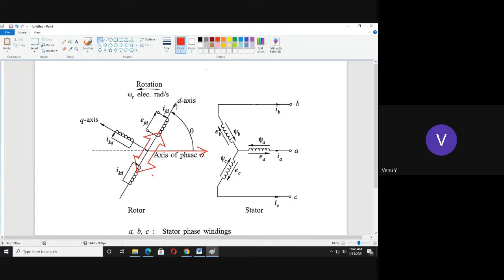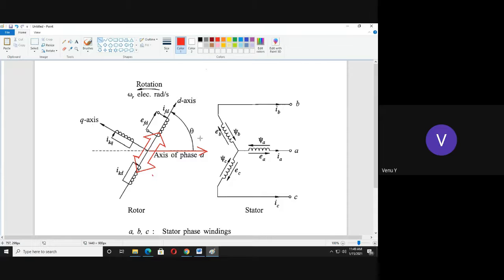So D axis is somewhere here. The angle between D axis and phase A is angle theta. And the quadrature axis is 90 degrees leading the D axis. The angle between Q axis and D axis is 90. Therefore, the angle between phase A and the quadrature axis is 90 plus theta.